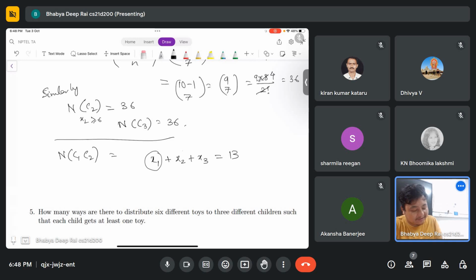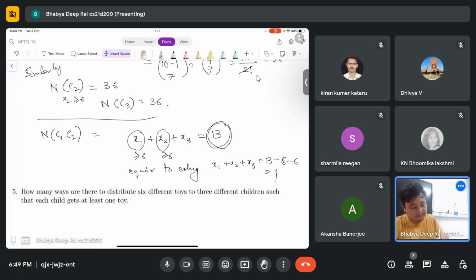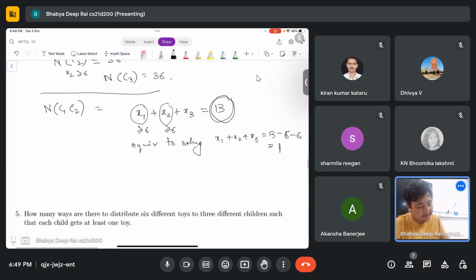Now both x1 and x2 are at least 6, which means we can subtract 6 two times on the right-hand side, and it will be equivalent to solving x1 plus x2 plus x3 equals 13 minus 6 minus 6, which is equal to 1.